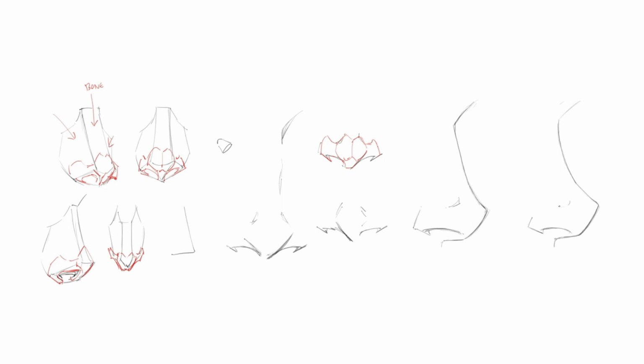You can add in a little bit of an indentation, again, where the cartilage of the nostril meets the cartilage of the bulb of the nose, the tip of the nose in that top corner. And then that's it. So that's the front of the nose.